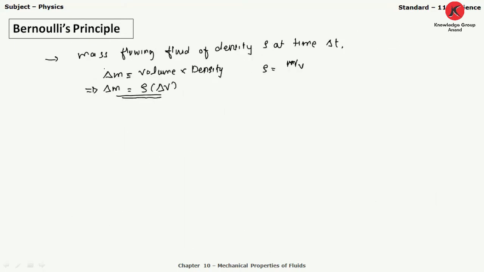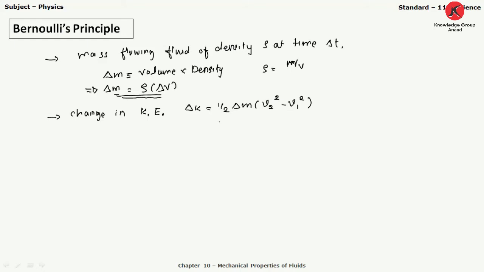So here we want the equation for delta K and delta U. So the change in kinetic energy, delta K, equals half m, m means delta m, into V2 square minus V1 square.